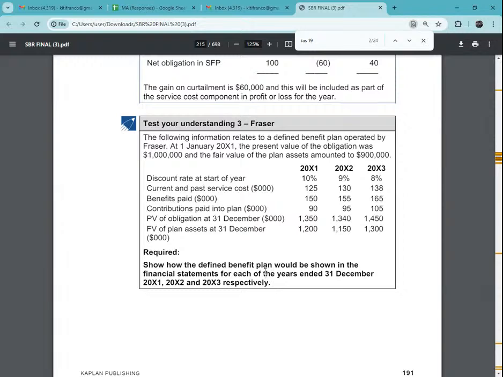In the event that the examiner does not give us the method to use, we shall always use the net obligation method. I want you to combine all the 3 years, X1, X2, X3. I'm giving you exactly 5 minutes. Very easy.